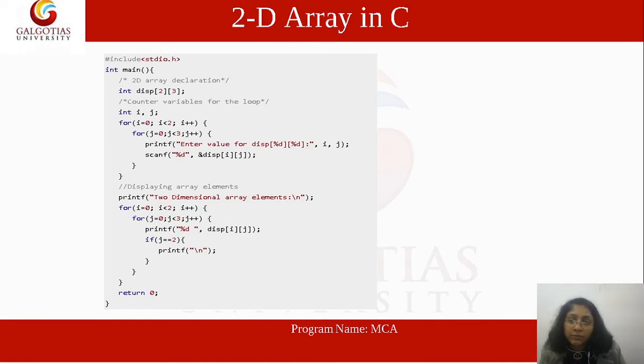I am taking i for referring to the row dimension and j for referring to the column dimension. So we have used two for loops, and we take the value from the user by asking to enter the value for DISP, which is the name of the array, with a format specifier, and accordingly we scan using the scanf function. Similarly, we have used both loops considering i and j for printing the values.